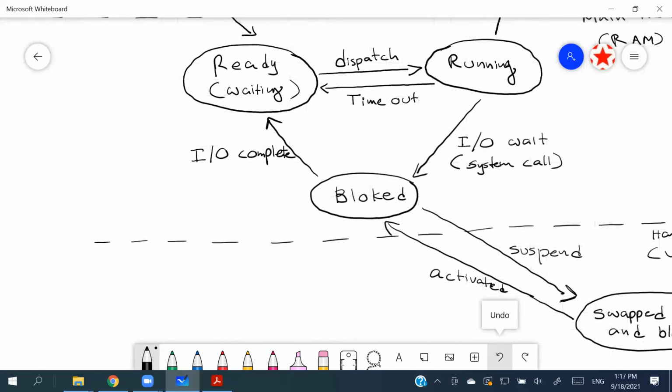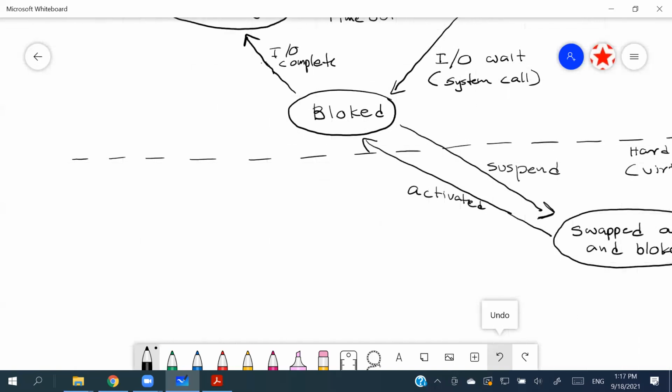So let me write the IO complete over here. There is another state called swapped out and waiting.